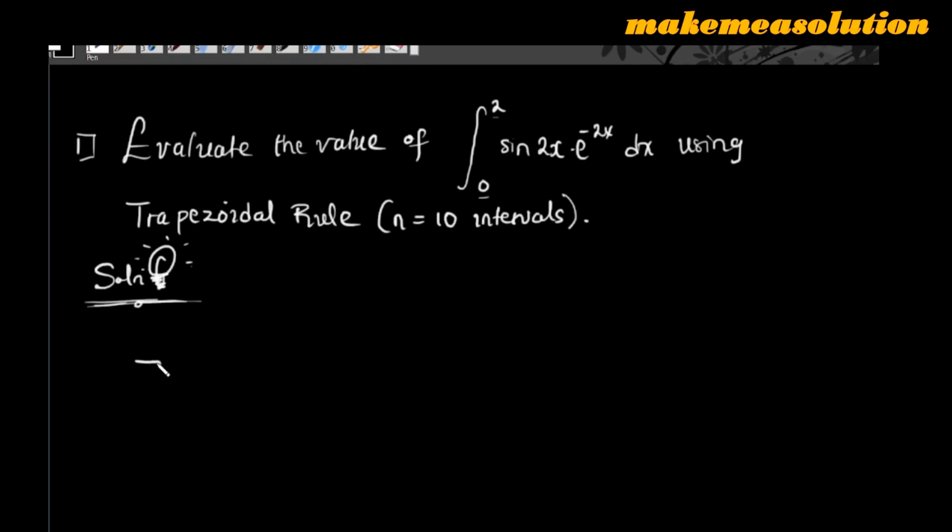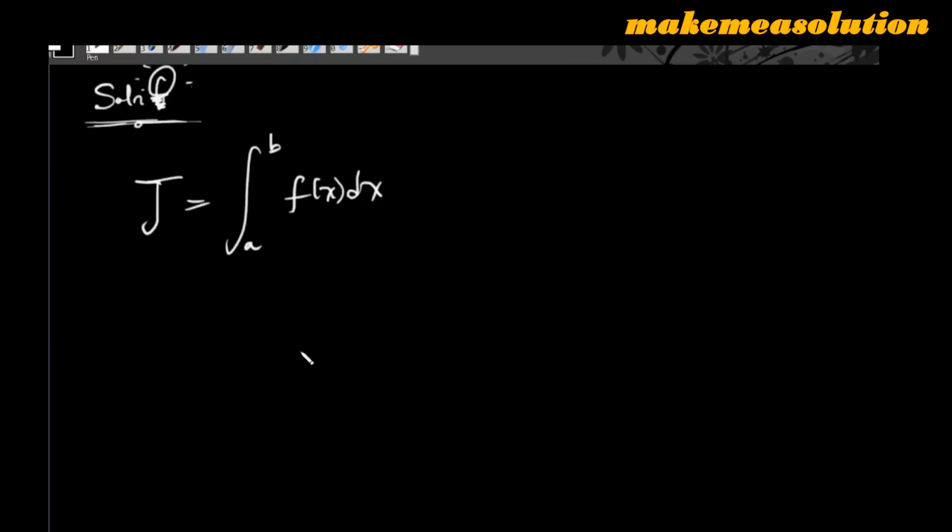If I'm given an integral J equal to the integral from a to b of f of x dx, and I want to use the trapezoidal rule to evaluate this, I'm going to calculate my h as b minus a all over n.